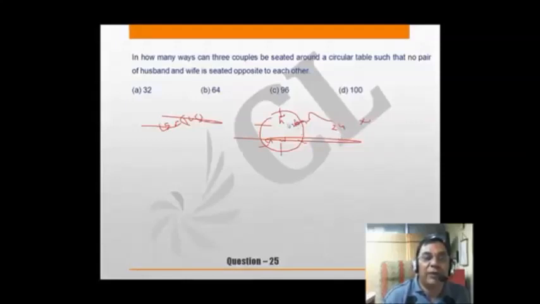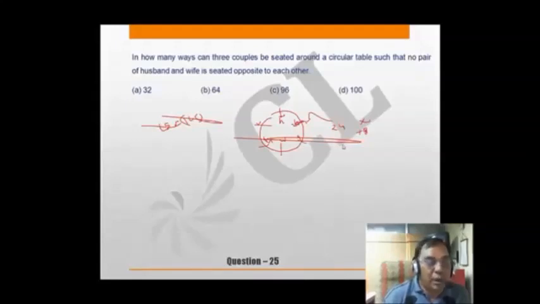Husband wife, if I put it here, husband husband husband, and then wife. So there will be 2 factorial into 2, 4. Okay, 32.